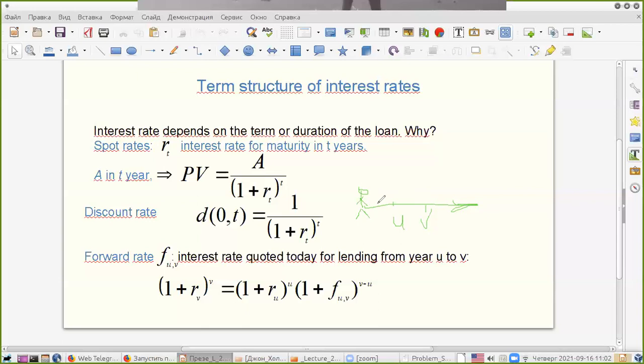This we know, and this we know, two spot rates.